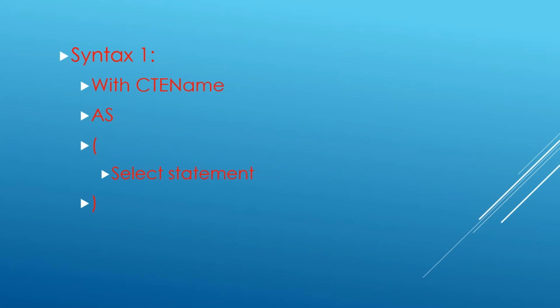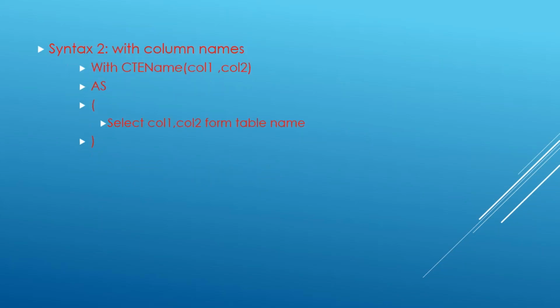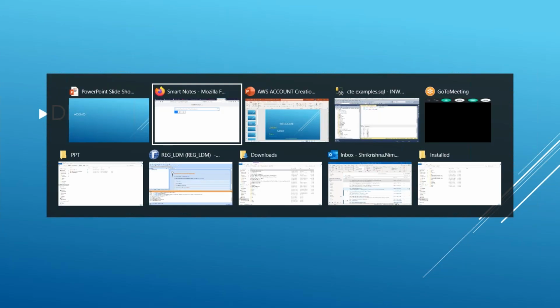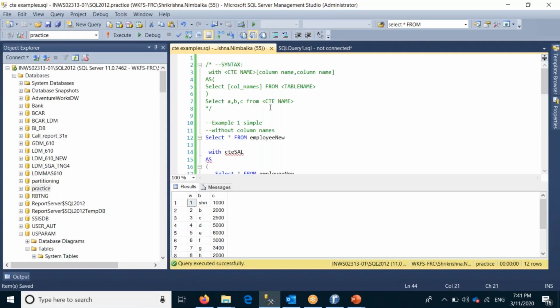And one more syntax is, if we want specific columns from a table, then we can pass the column names also. So this is the theoretical part we saw. Now we'll move to the demo session wherein we'll see how to create the CTE and how it is helpful while selecting data.